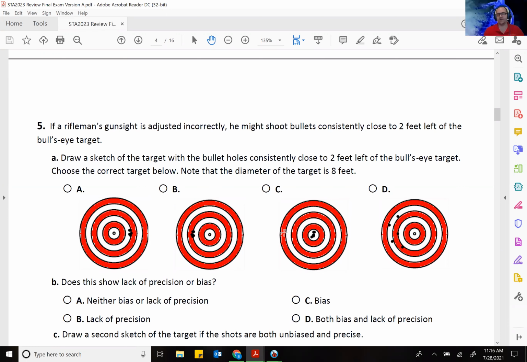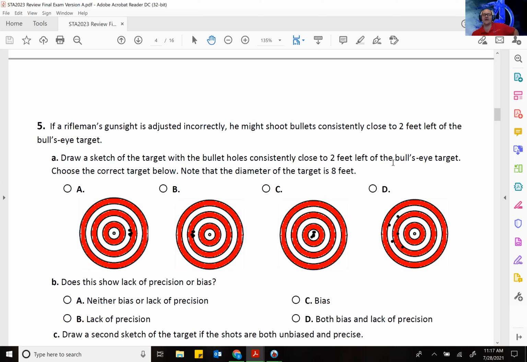Yeah, actually, each ring is about a distance of 1 foot, a little less. So which target below shows the bullet holes consistently close to 2 feet left of the bullseye? B. See, not that bad.